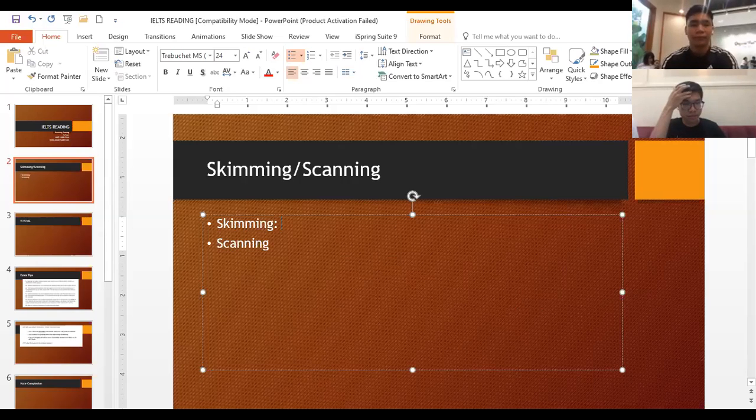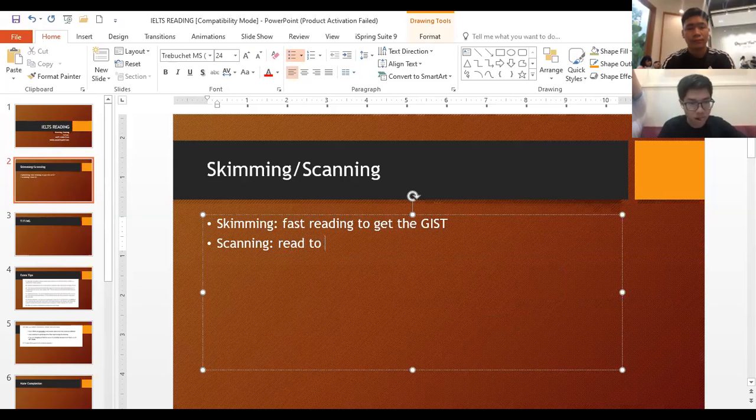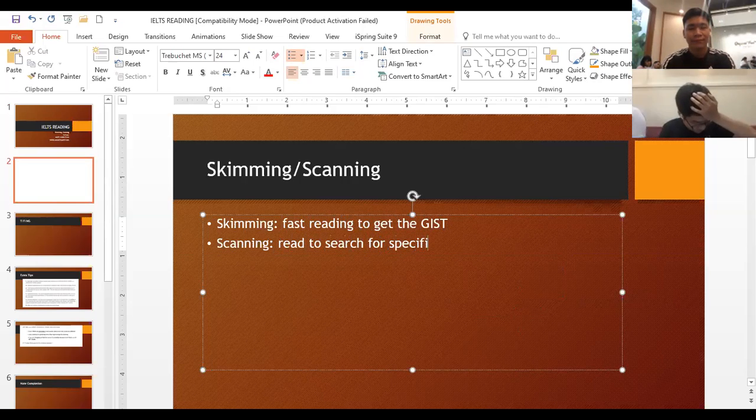I think skimming is fast reading to get a general idea. Okay, and what about scanning? Scanning, we look for or locate specific details. Do you read everything in scanning, or you just scan for those details?